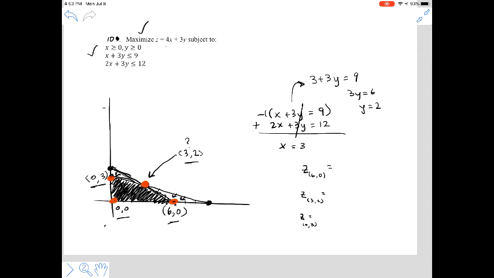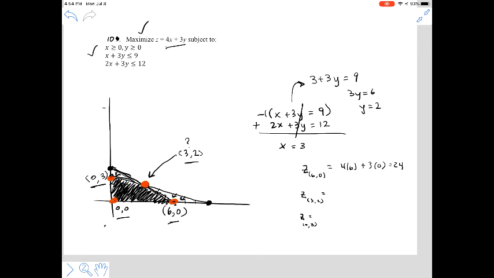So what am I doing here? When I say I'm going to find the value of z for (6, 0), how do I do that? Plug in. Yeah, plug a 0 in for y and a 6 in for x. So it's 4 times 6 plus 3 times 0 equals 24.